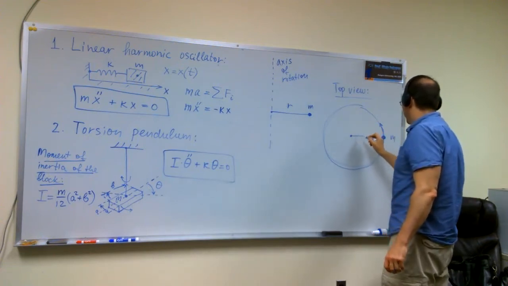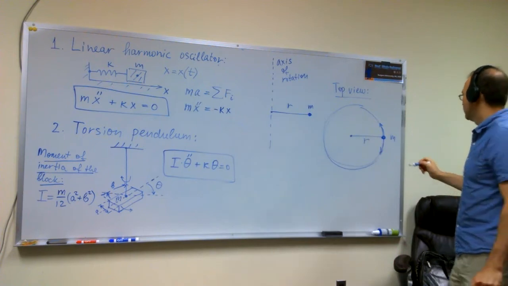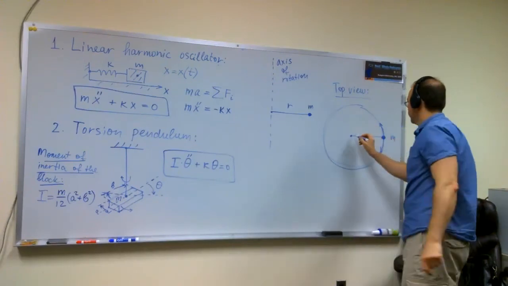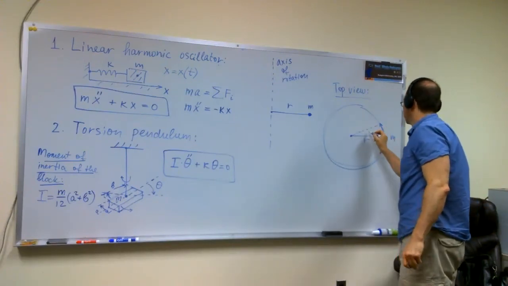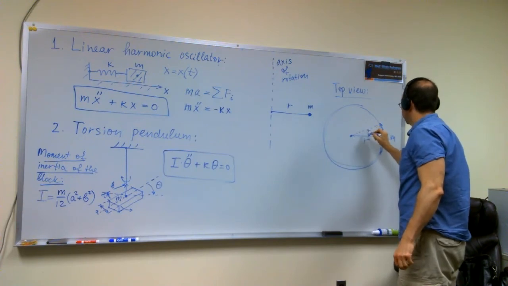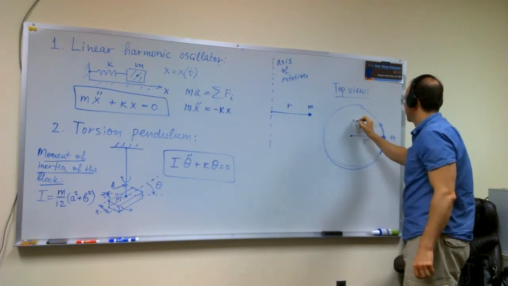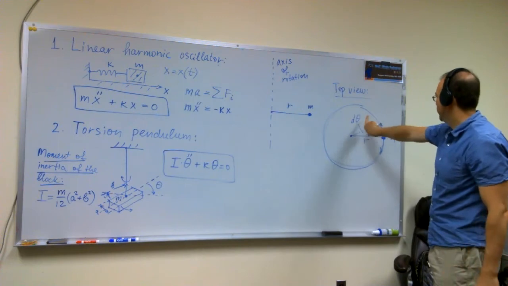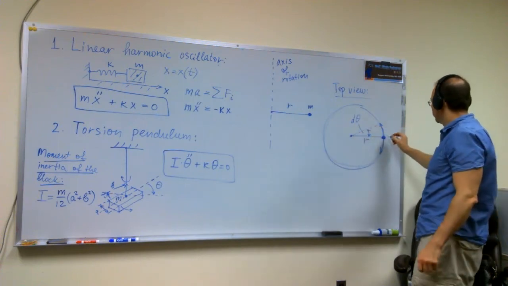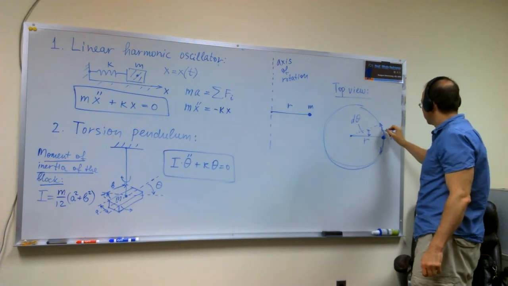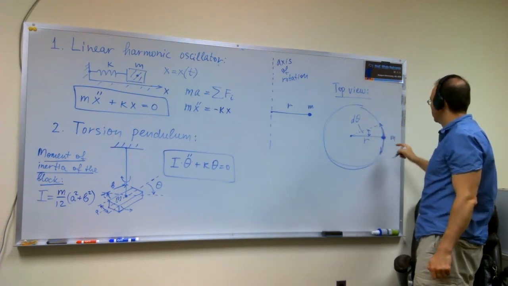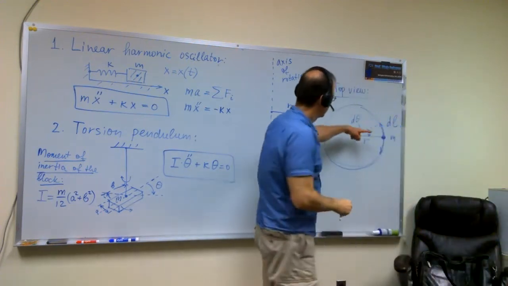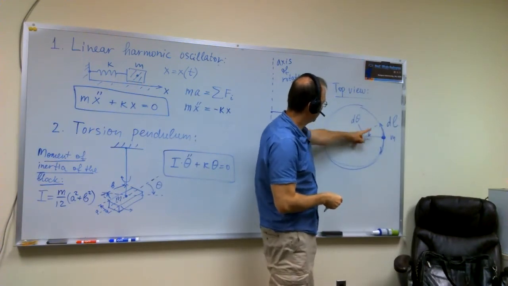So let me consider a small increment in this angle theta. So let's say this angle here is d theta. This increment in the angle d theta will correspond to some small increment of path along the circumference that the mass is going through, right? Let's call it dl, okay? So dl corresponds to this increment in the angle of rotation.